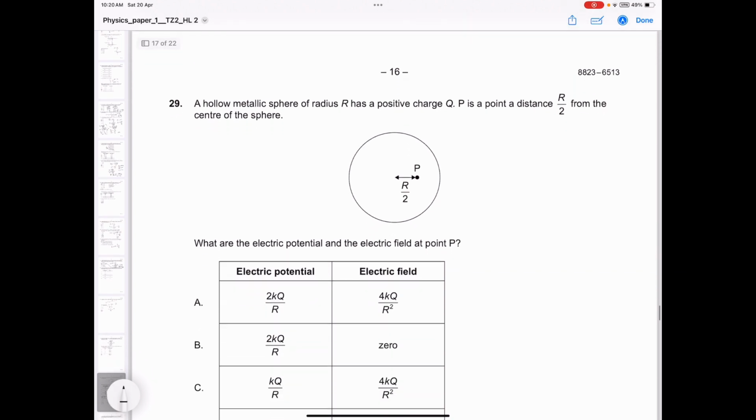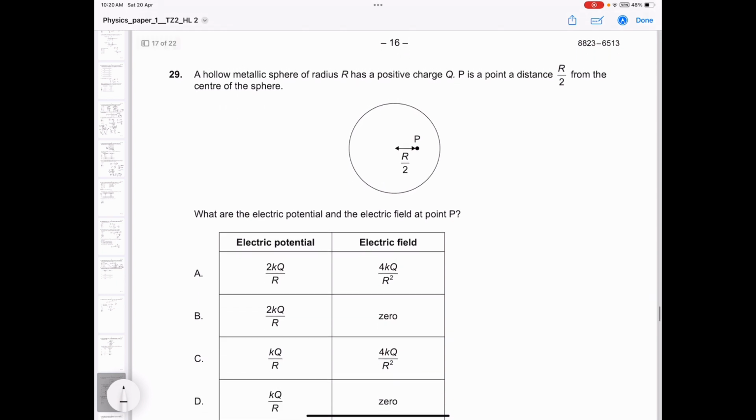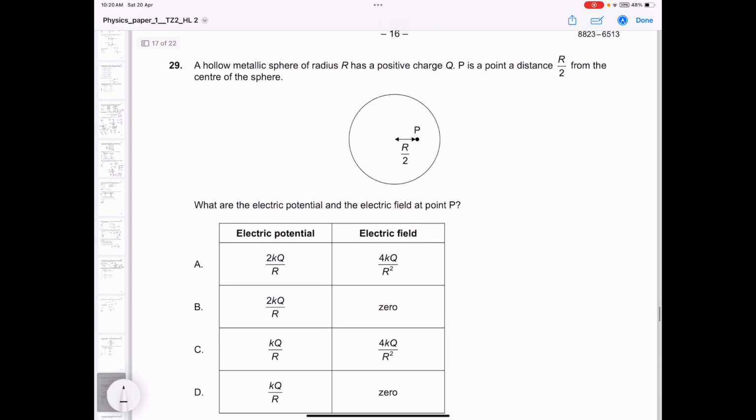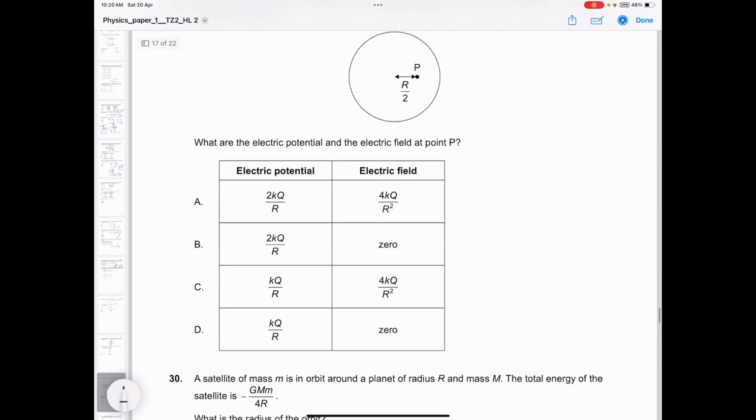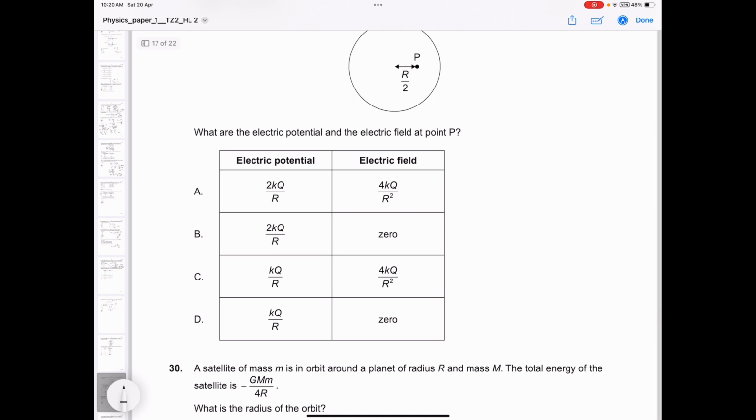Okay, number 29. You've got this hollow metallic sphere of radius R that has a positive charge Q. P is a point at a distance R/2 from the center of the sphere. So what are the electric potential and electric field at point P?